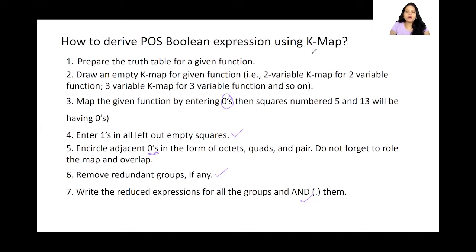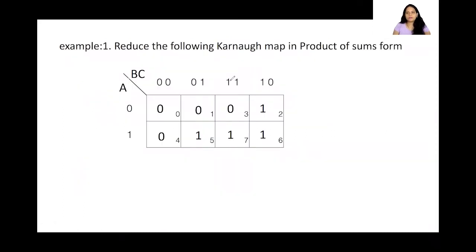Rest all the rules for encircling, whether it is about octet, quad, or pairs, are going to remain the same as our SOP reduction. Now, in this example, it says reduce the following K-map in product of sum. They have mentioned product of sums, isn't it? Now let's write the values here first.